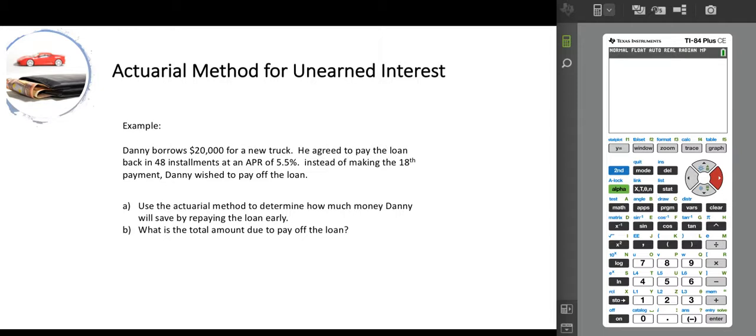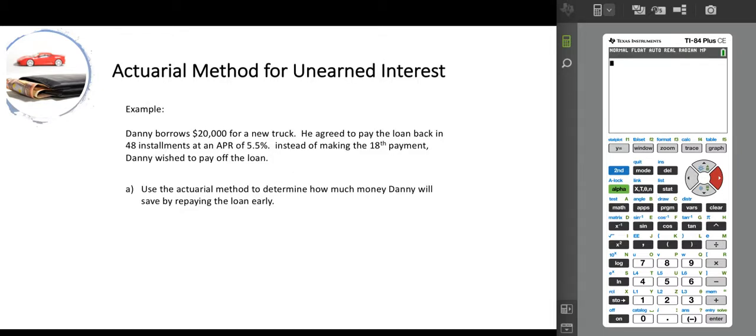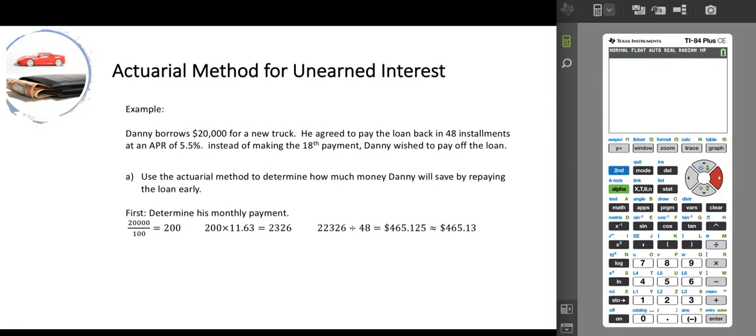This is going to take a little bit of time here. So the first thing we need to do is use this actuarial method. But to use the actuarial method, we're going to need to know what his monthly payment is, because that's not listed here in this problem. So we're going to have to determine what his monthly payment is. Now, remember, we have to find that number from the chart. He is borrowing $20,000, that's the amount of his loan.